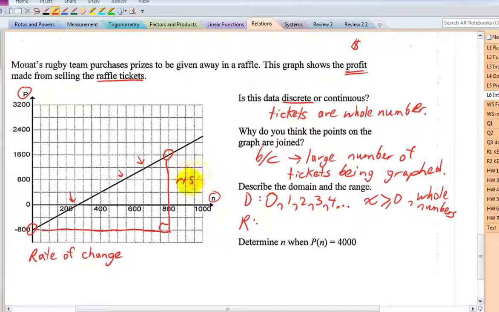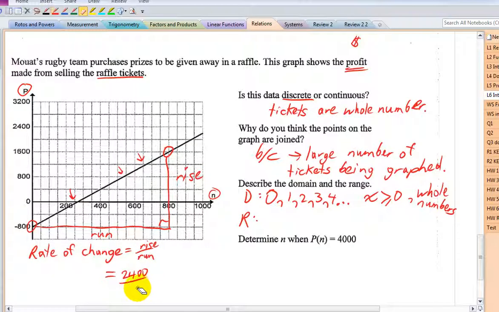But you gotta be careful you don't use points that are not exactly on the line. So you can find your rise, be careful, it's not 1600. And find your run. So the rate of change is $3 per ticket.